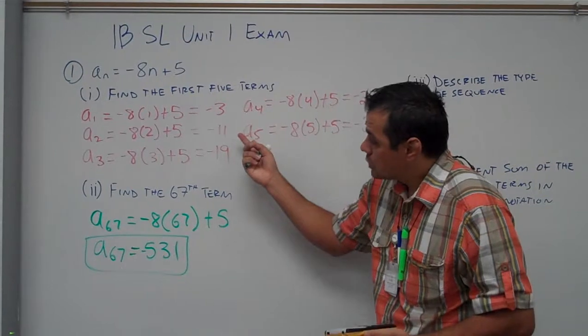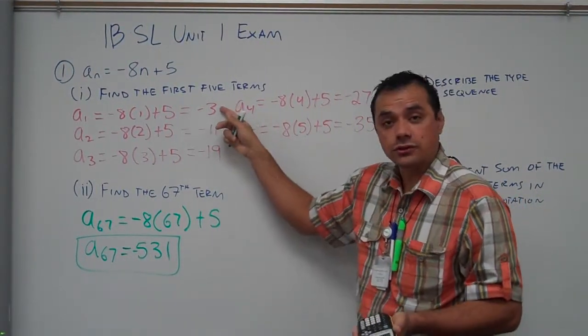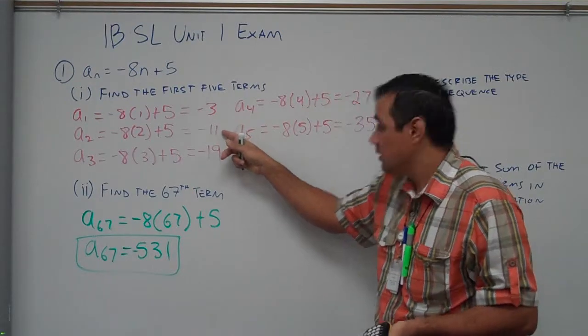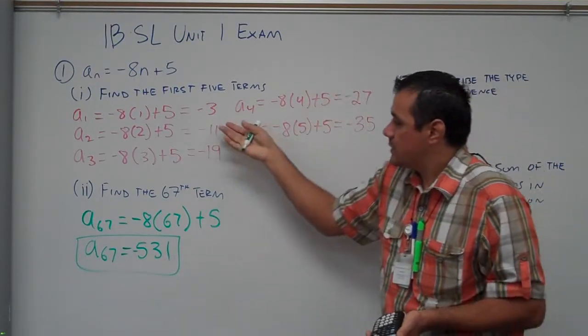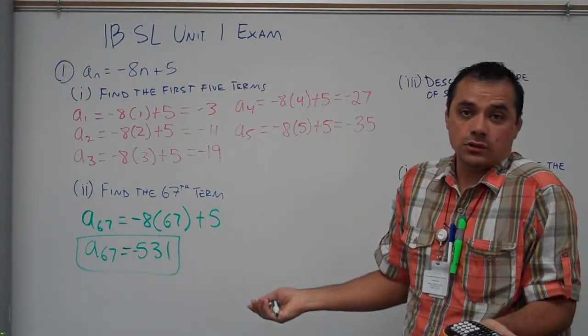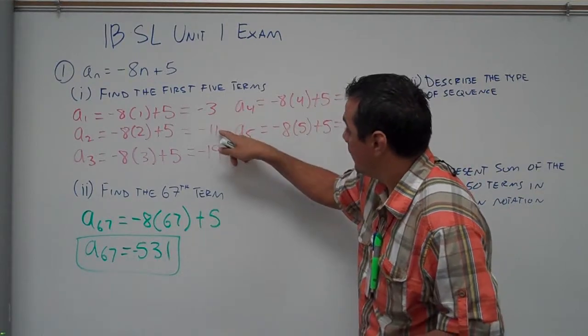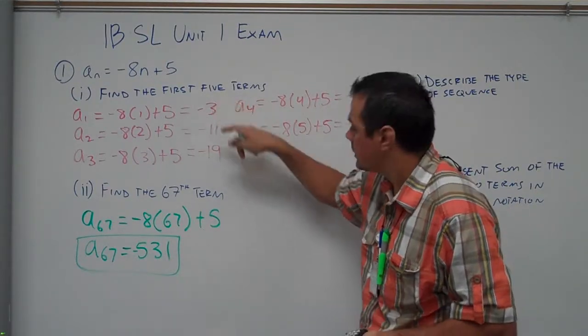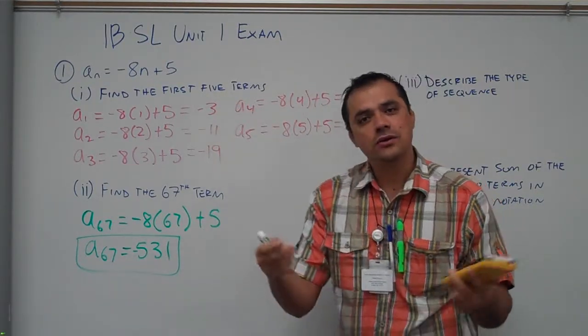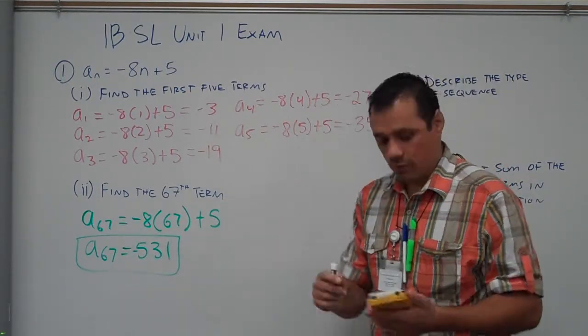To check if it's geometric, you divide the second term by the first, the third by the second, and so on. If it gives you the same number, that's a common ratio, so it's geometric. However, it could also be arithmetic, which means you subtract the second from the first, the third from the second, and if it gives you the same number, called the common difference, then you know it's arithmetic.